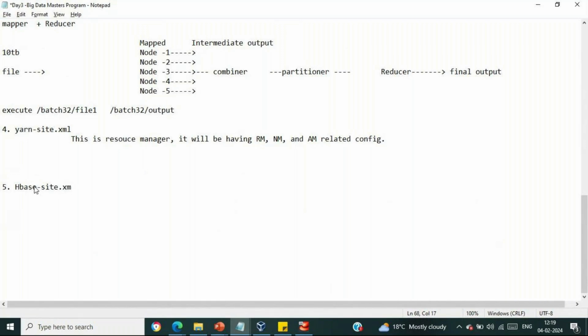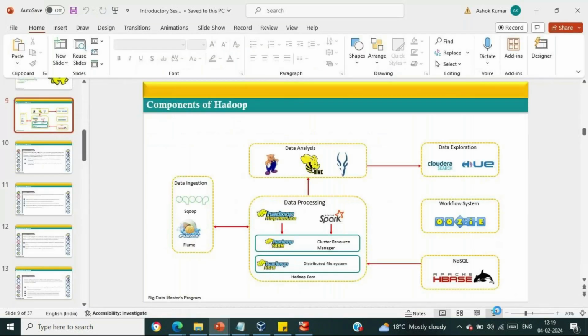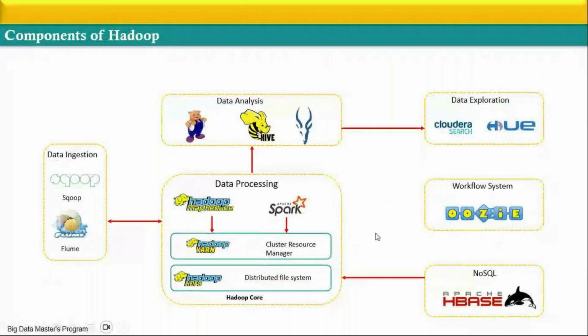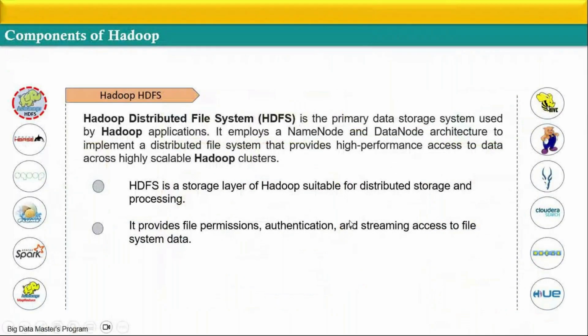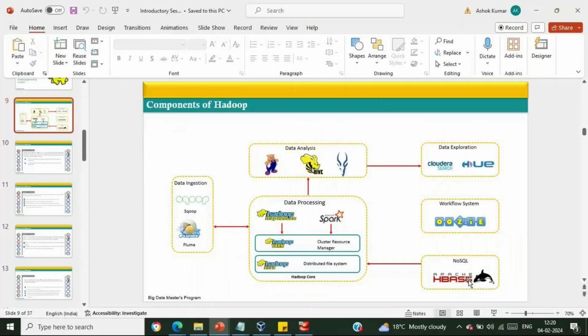Now you need to understand what HBase is. HBase is nothing but a NoSQL database. Over here, a very special word is mentioned, that is NoSQL, which means not only SQL. So once the data is stored inside the HDFS, that is Hadoop Distributed File System, and if we want to query that particular data, then we go with HBase.